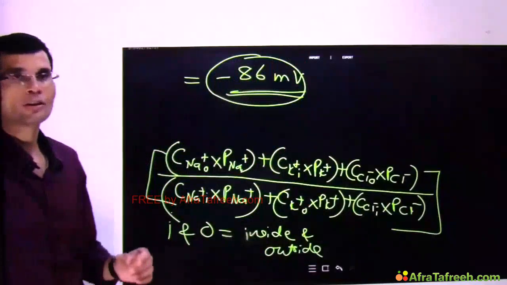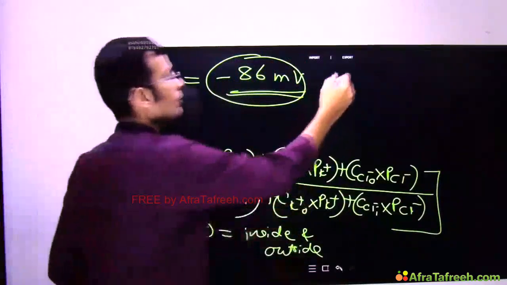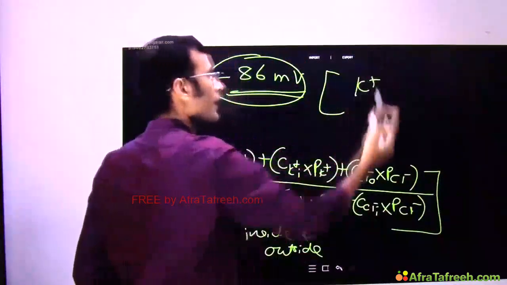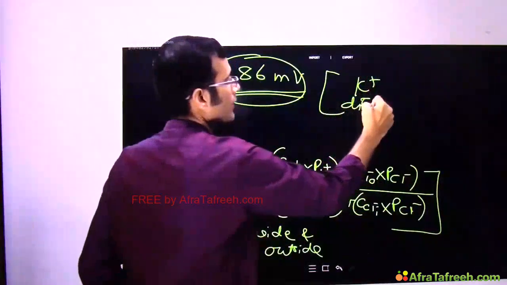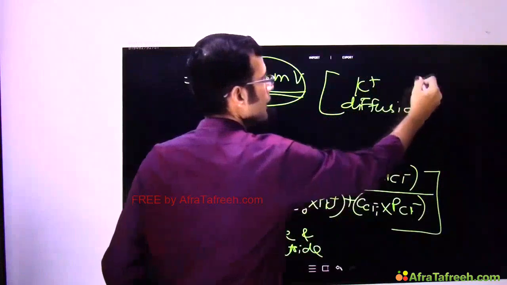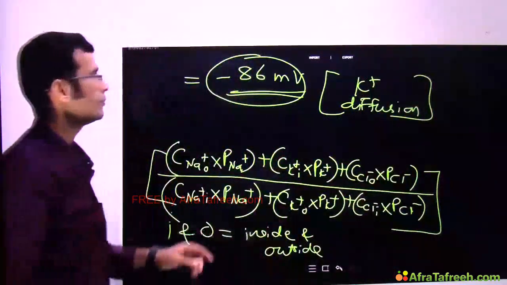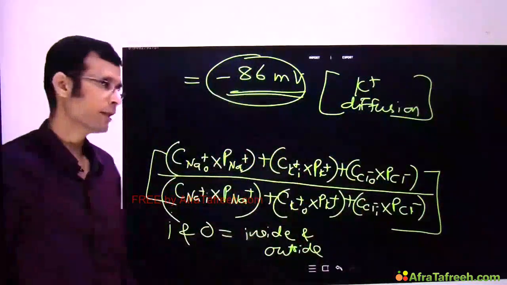And of course, potassium is the greatest contributor. That's a given fact, we've already discussed it. Potassium diffusion is the main contributor to developing the minus 86 millivolts.